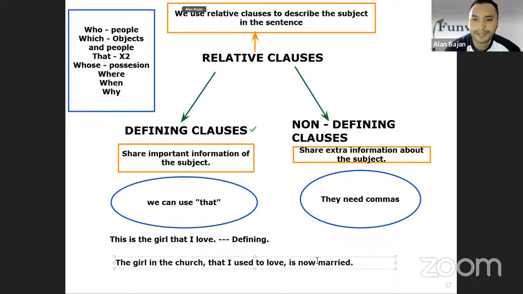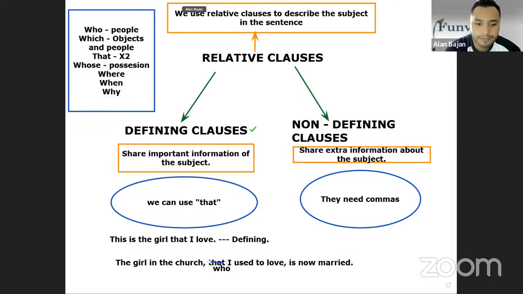That doesn't sound right. But instead of that, I will use who. Why? Because grammatically it doesn't sound right. So we cannot use that in non-defining clauses.